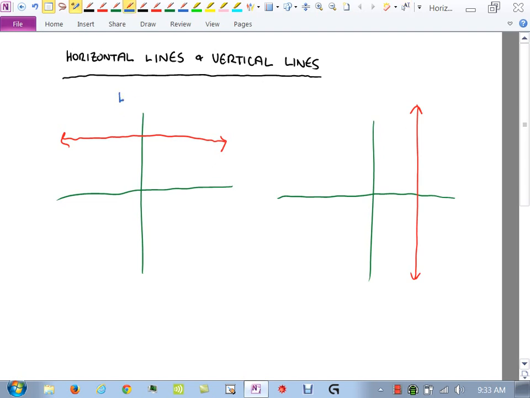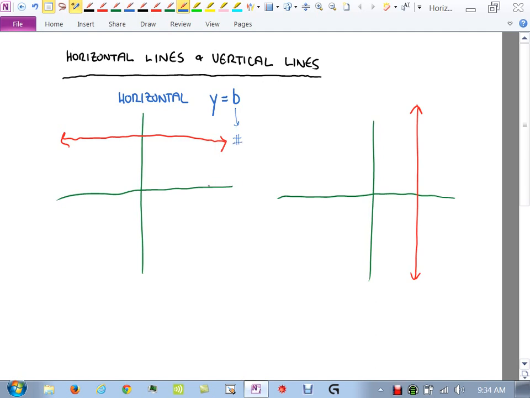The horizontal line, which is on the left, the equation becomes y equals b. Now, what that means is that you still have an equation, right? It's an equal sign. You have y in the equation, but b here is just a number, all right? So I'm just going to draw a little arrow from the b. This is just a number.